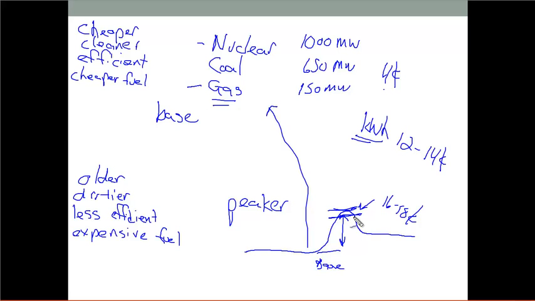Because like I said, let's say that over time, here's your peak, and let's say your peak starts getting higher and higher. Well, eventually you're going to run out of these older inefficient units to run. You're going to get to a point where maybe this is as much as you can make, and you're going to need to make this much next summer. And so you've got to build something.